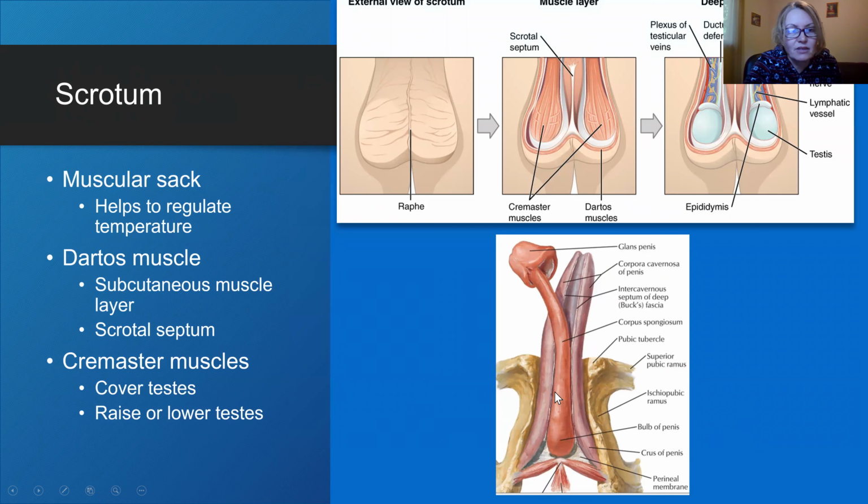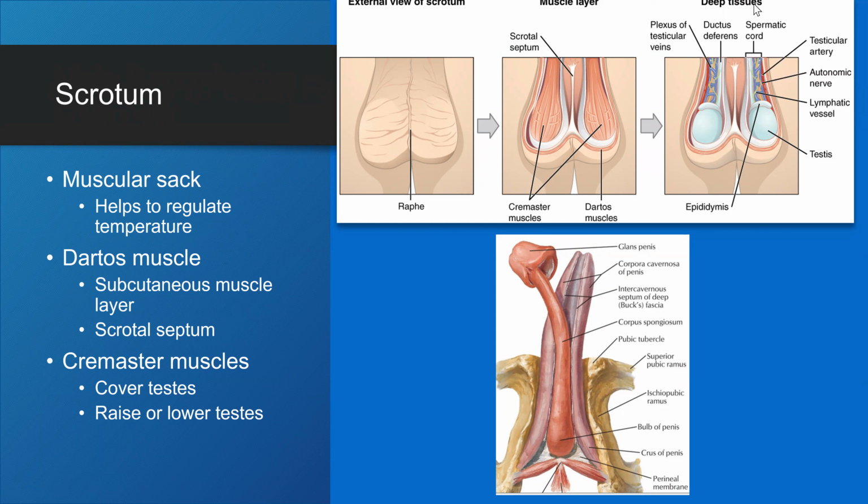Here you can see a bit of the structure of the scrotum. It's a muscular sac that helps to regulate temperature, and it has several muscles. We have the dartos muscle, right here in the wall of the scrotum. It's a subcutaneous muscle layer, and it also makes up part of the scrotal septum.